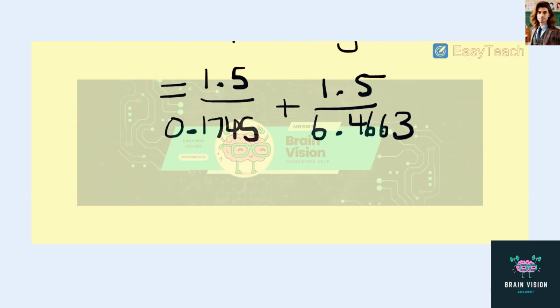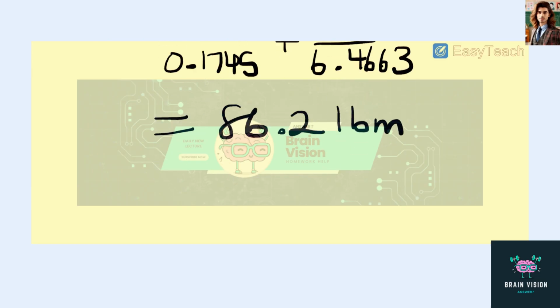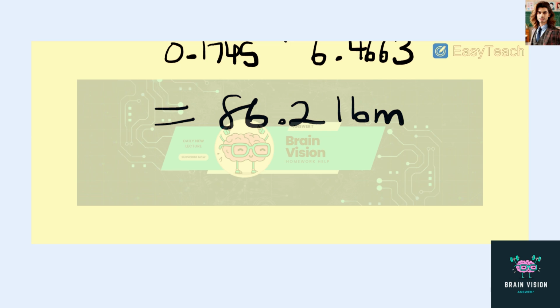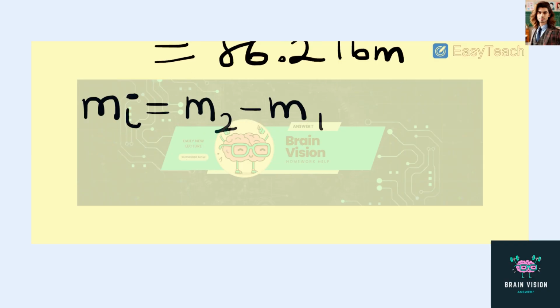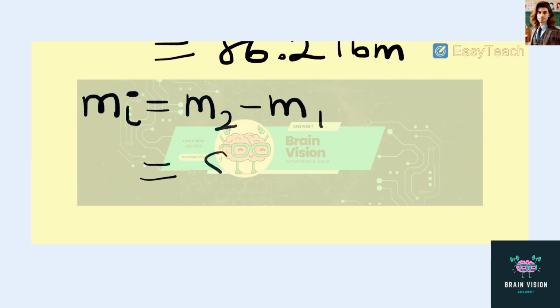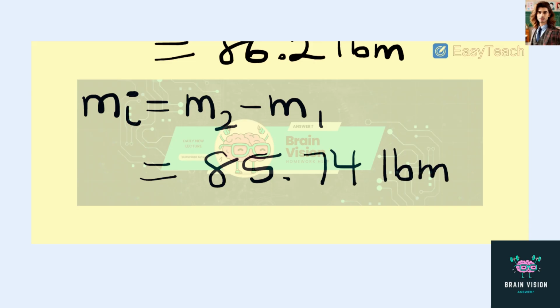So what this gives us is a final mass equal to 86.2 pound mass. Now we know the final mass and the initial mass, so we can solve simply for the mass that has entered the tank, using the expression mi is equal to m2 minus m1, and this gives us a mass of 85.74 pound mass, and that is the mass that has entered our tank.